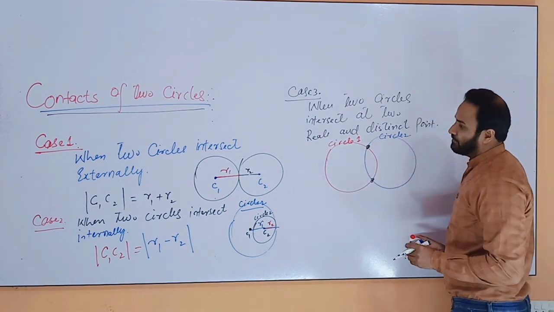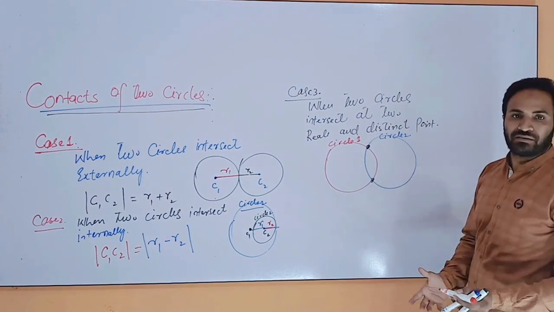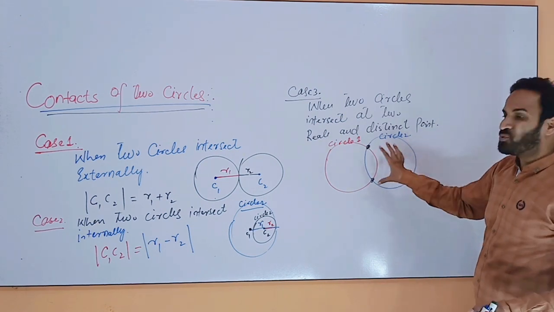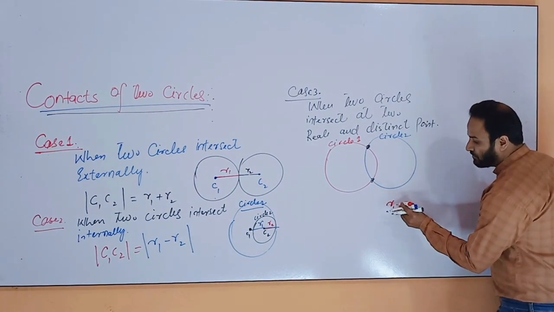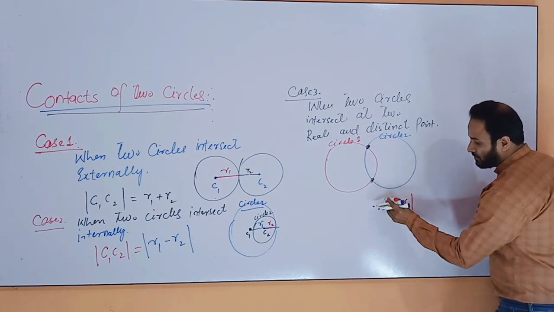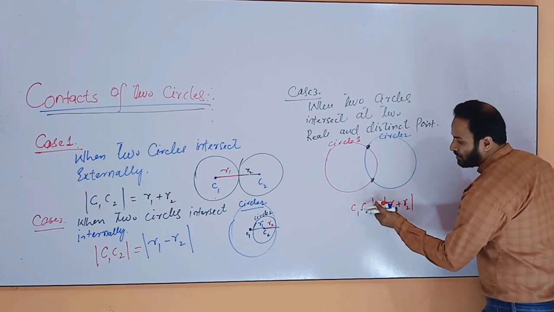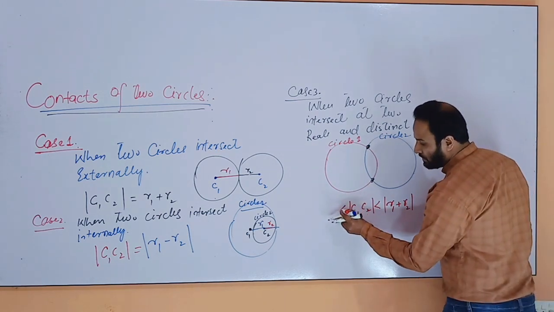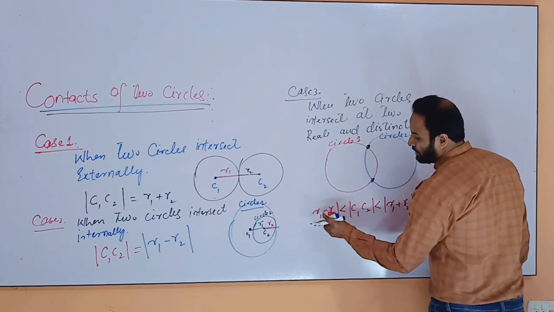Okay. Then if such a situation is created, how can you justify mathematically that both circles intersect at two distinct points? Then you should satisfy the equation: the sum of the radii should be greater than the distance between the centers of the circles, which should be greater than the difference of the radii.